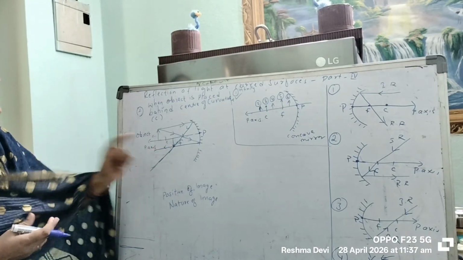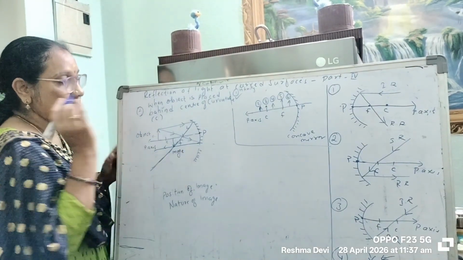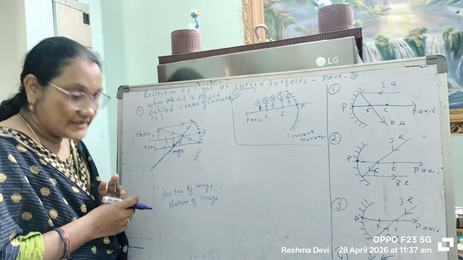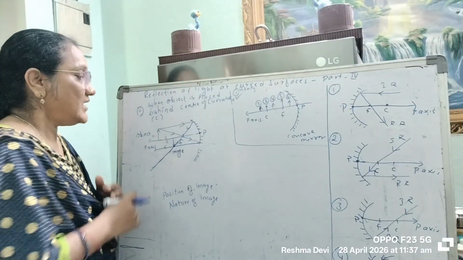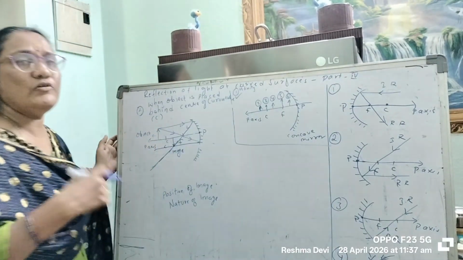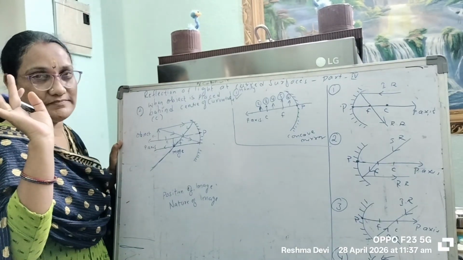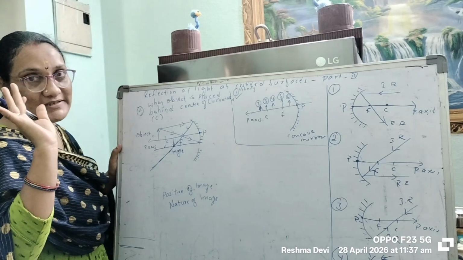Right? Here, this is object. So this is image. So now by saying this, can you say where the image is formed? Between C and F, or I can simply say in front of C. In front of C. Right?